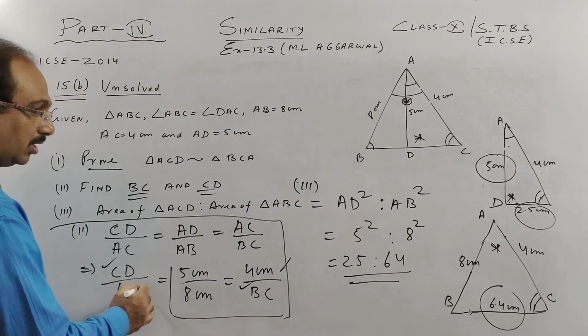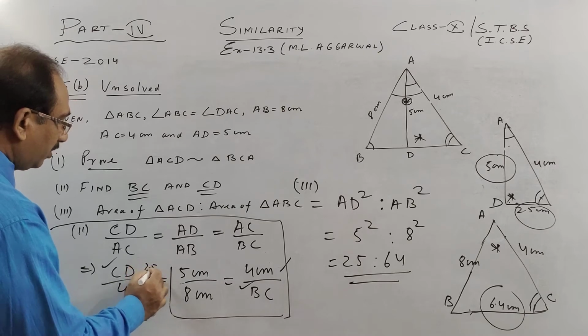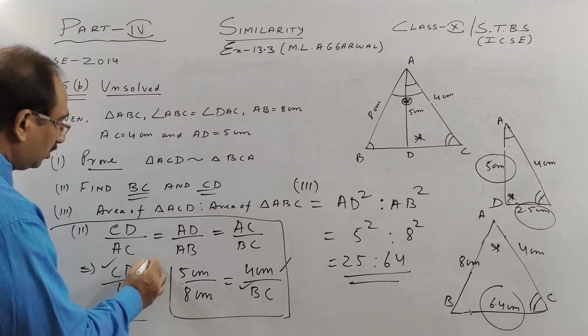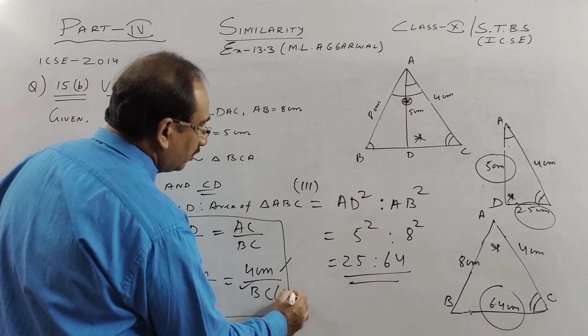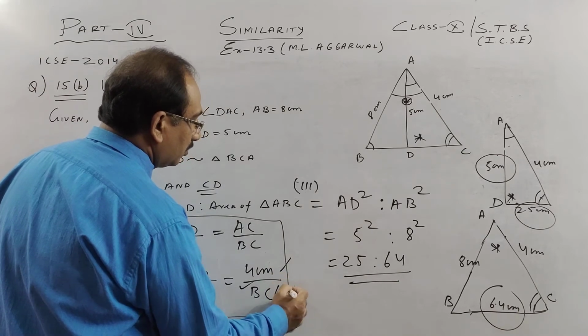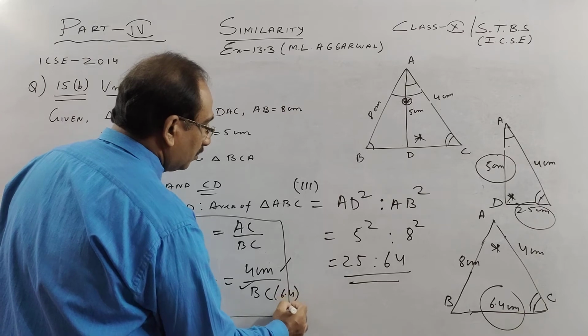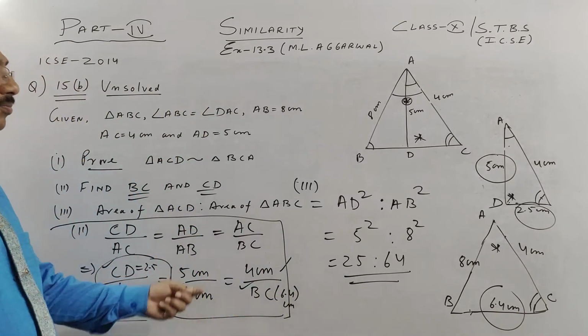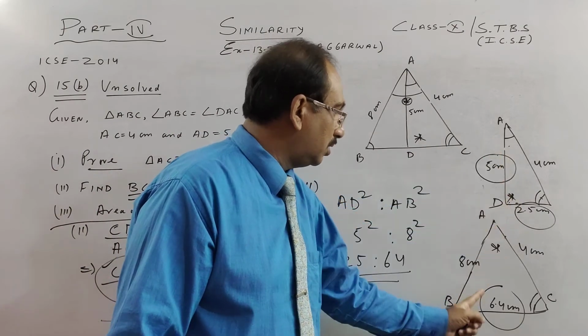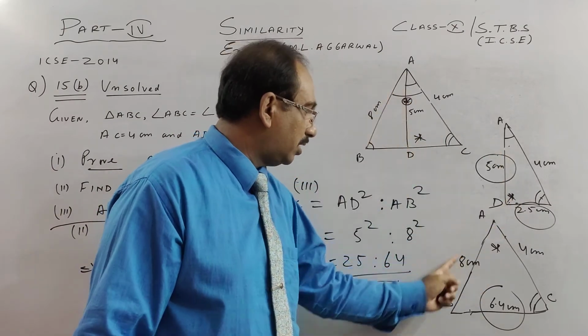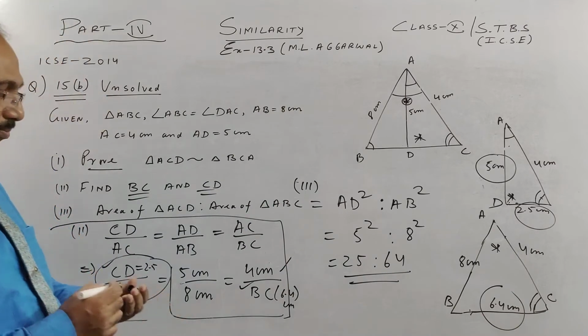Otherwise here you could have done 2.5 square by 4 square also. Or this one also you could have taken as 4 square by 6.4 square. Okay, so I have taken the known one. So opposite to this is this. AD square is proportional to AB square of the big triangle. So answer is 25 by 64.